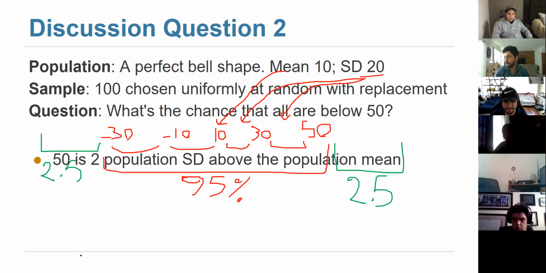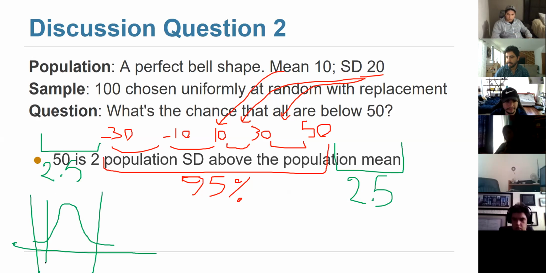So we are talking about a bell shape, like this. Let's say this is your distribution. This is my 95% of the data, and this is 2.5% here, 2.5% here. So now the question is asking, what is the chance that all are below 50?